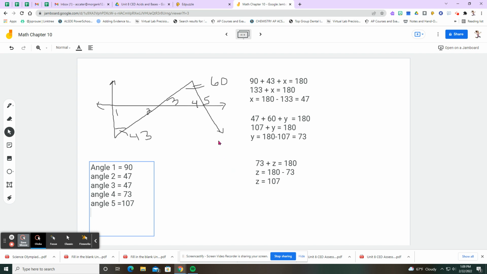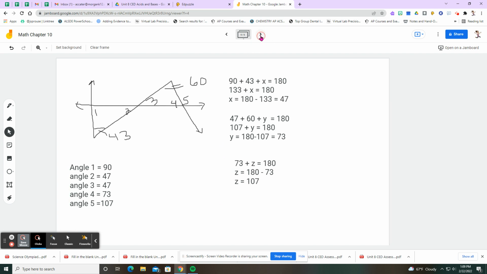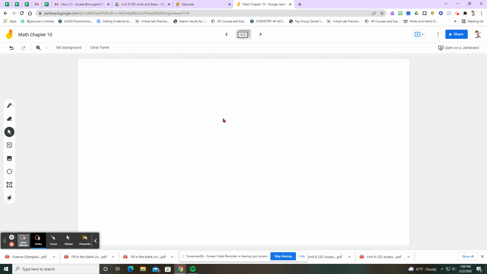All right, so let's look at the different kinds of triangles we can have. We can have acute triangles. So these would be acute triangles. We can have right triangles, which has a right angle in it. That's how you know it's a right triangle. Acute triangle, all the angles are acute. That means they're all less than 90.